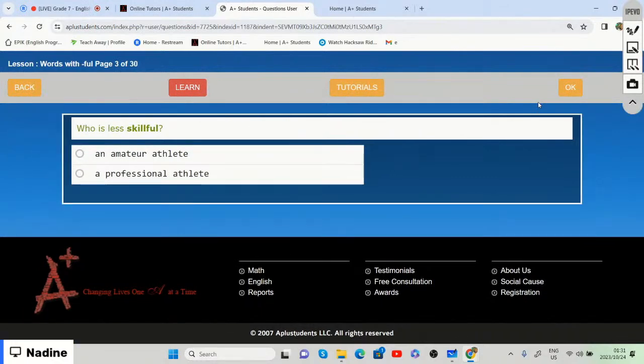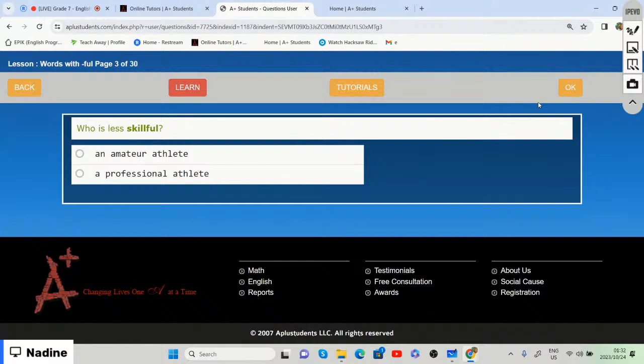Who is less skillful? They're not that skillful, less skillful. Is it an amateur athlete or a professional athlete? Someone who is less skillful. An amateur athlete or a professional athlete?